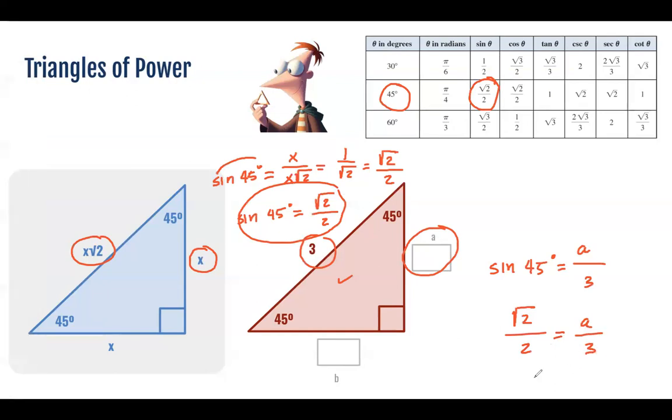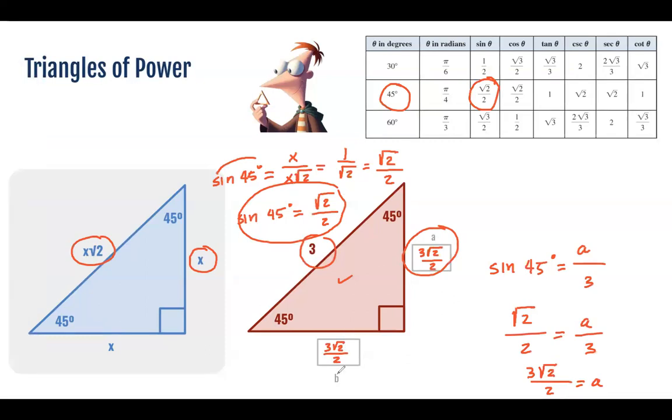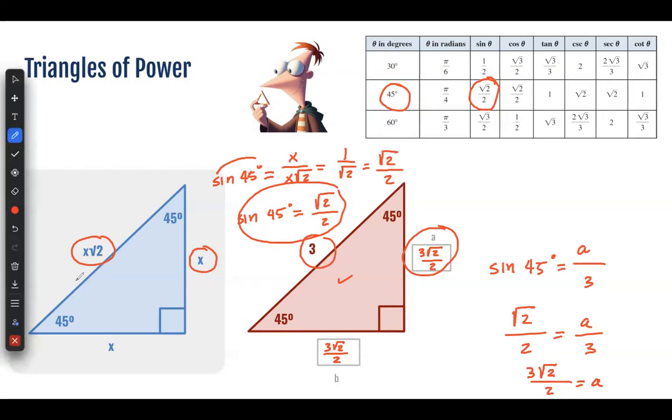So if I solve for a, I'm going to have 3 times the square root of 2 over 2. That means that this side is 3 times the square root of 2 over 2, making this side as well 3 times the square root of 2 over 2. So any method that you use is going to lead you to the same answer.